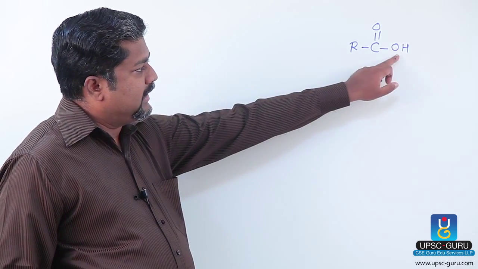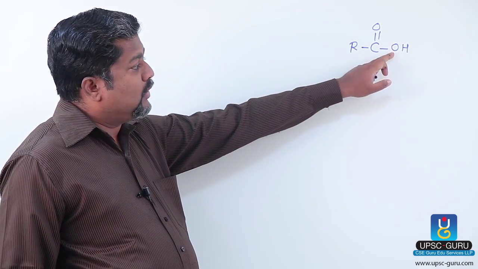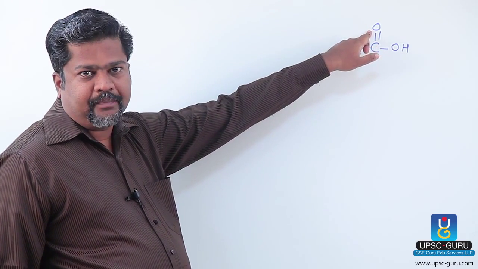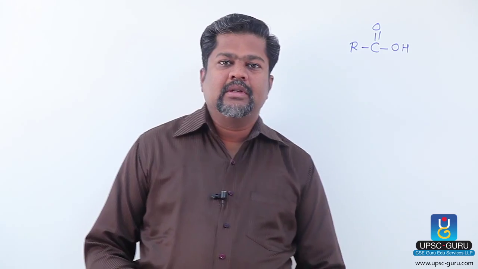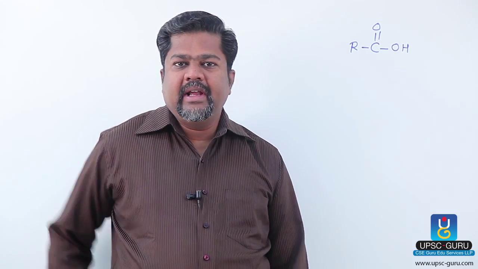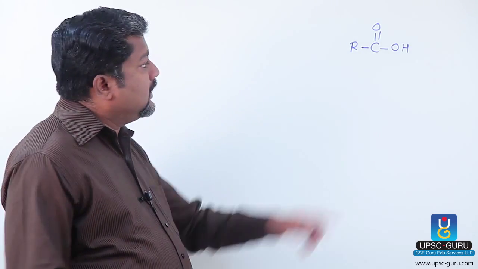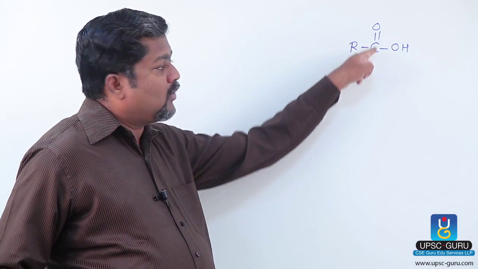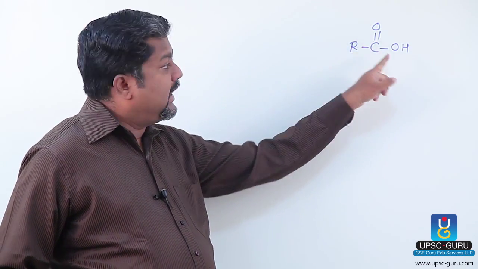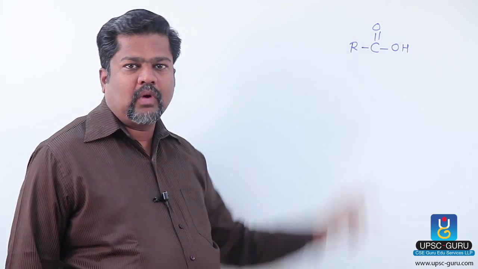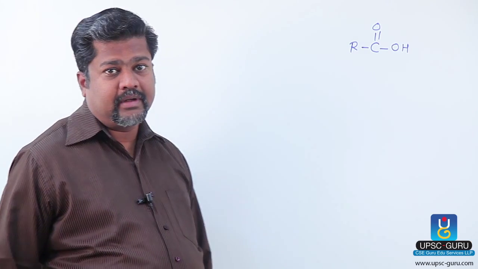So see the difference, it is OH only, but this OH is attached to carbon which is already bearing 2 oxygen atoms. What is the problem with this? Oxygen is highly electronegative and therefore oxygen is pulling the electron cloud from carbon, whereas this oxygen, also attached to carbon, tries to pull the electron cloud from carbon, and so properties are different here.